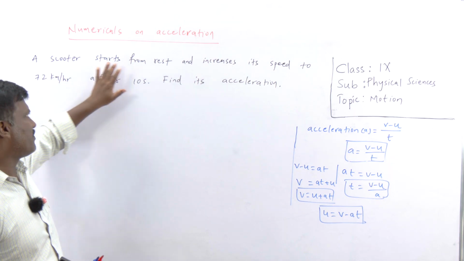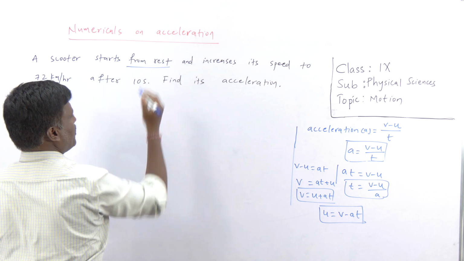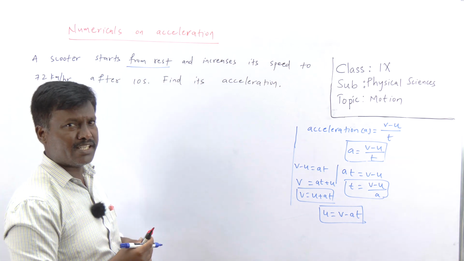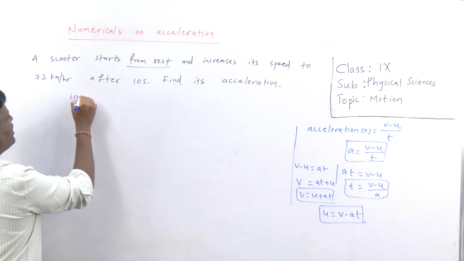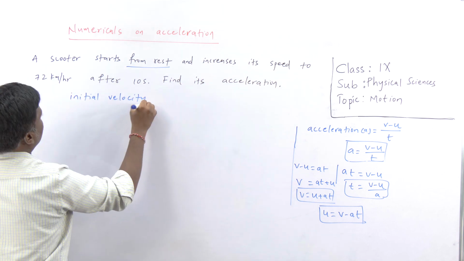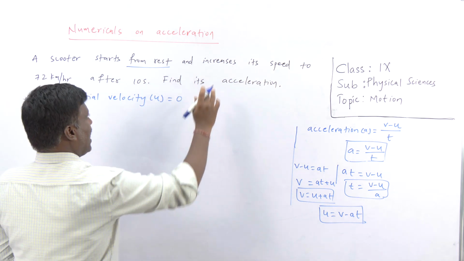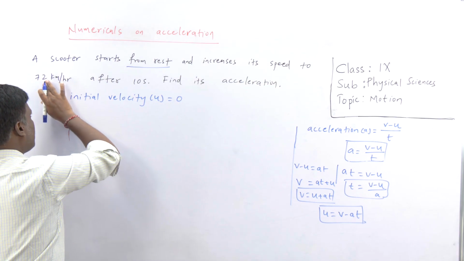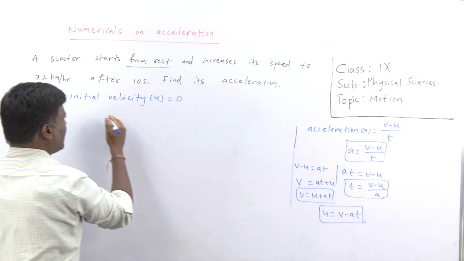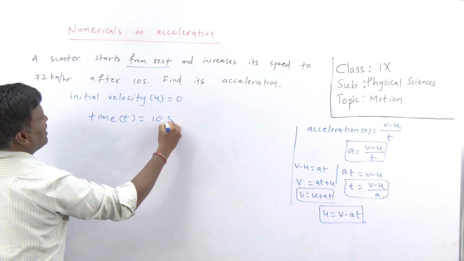So the scooter starts from rest. Whenever an object starts from rest, initial velocity can be taken as 0. So initial velocity u can be considered as 0, and it increases its speed to 72 km per hour after 10 seconds.